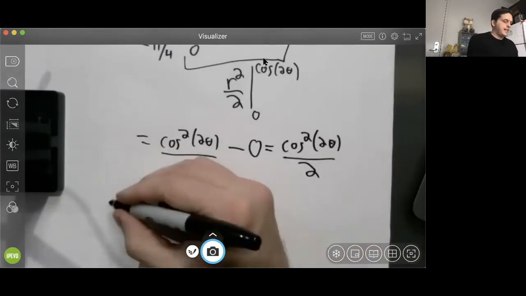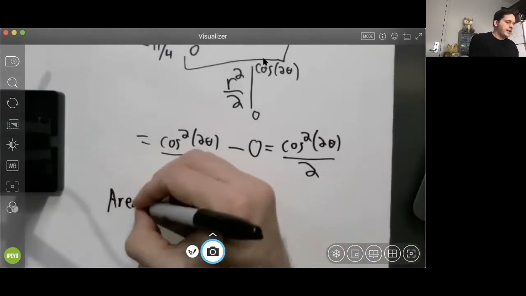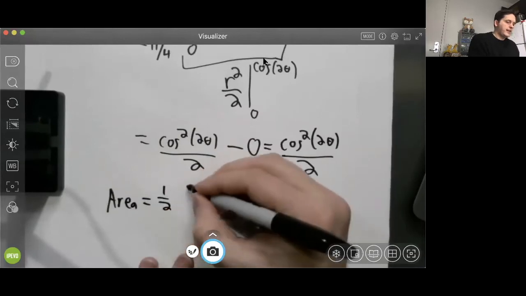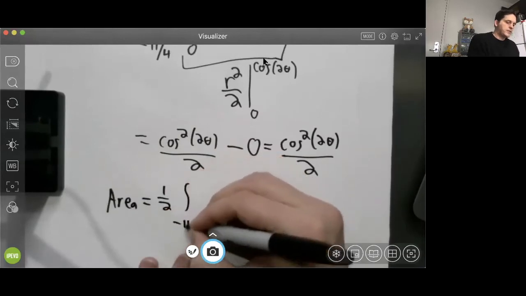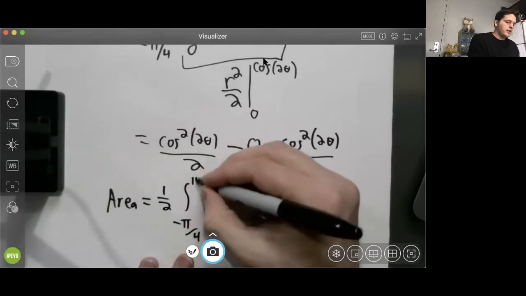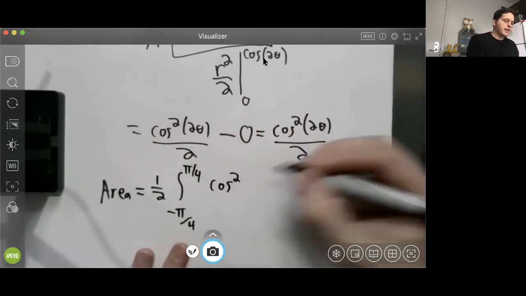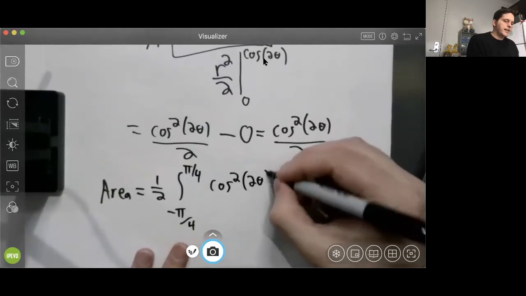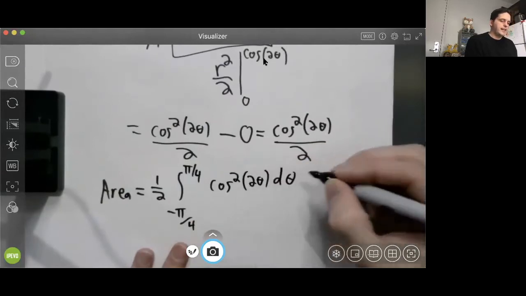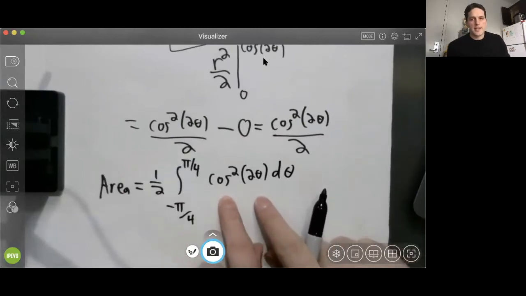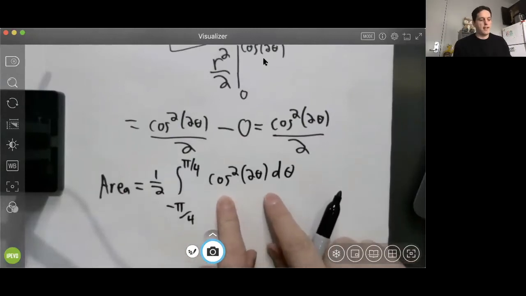So that means that the area is equal to 1/2 the integral from minus pi over 4 to pi over 4 of cosine squared of 2 theta d theta. Now this integral might seem difficult because what's an antiderivative of cosine squared?